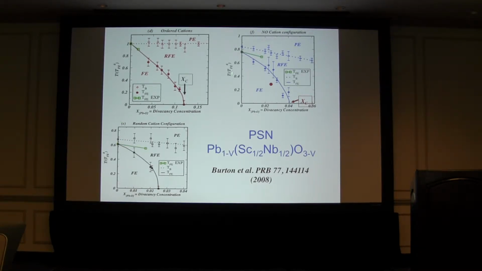This is perfect rock salt order on the sites. This is a random distribution, and this is a nano-ordered configuration, that is small ordered bits in a disordered matrix, or a random matrix actually.